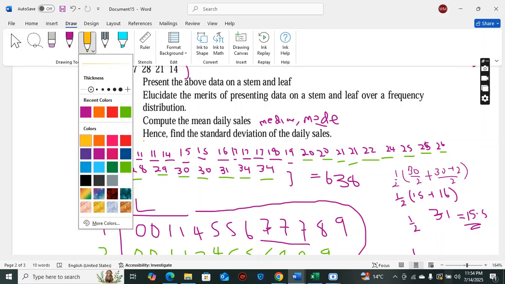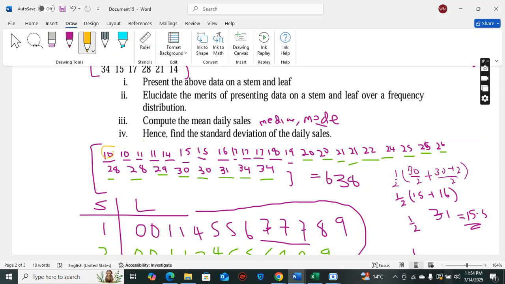So you start counting: 1, 2, 3, 4, 5, 6, 7, 8, 9, 10, 11, 12. I've lost count.